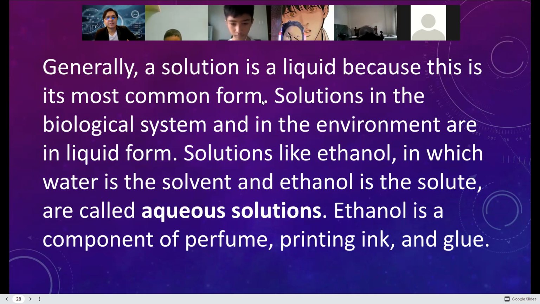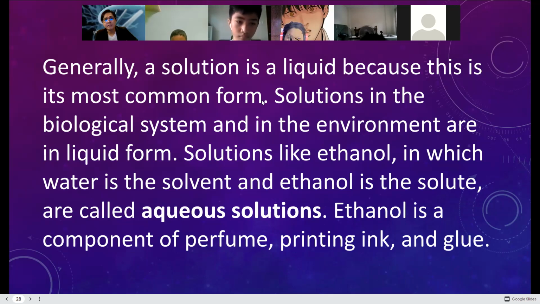It is actually a 70% solution: 70% alcohol and 30% water. Why do we need to put water in the alcohol?